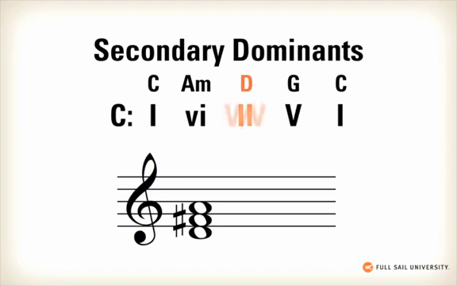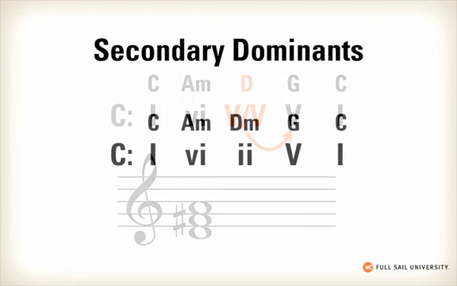The Roman numeral notation 5/5 is read as 5 of 5 to indicate that the chord can be heard as the dominant harmony of a key other than the home key, in this case G major. Listen to the subtle variation between the two progressions.